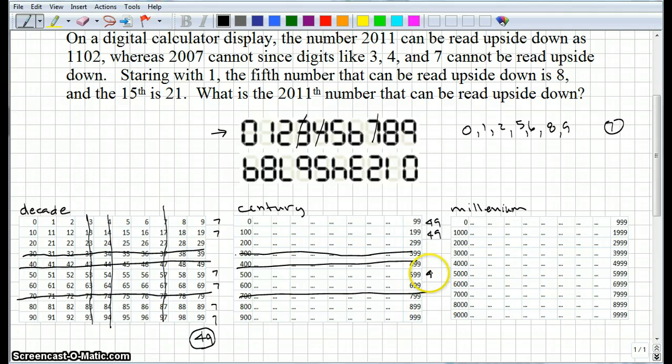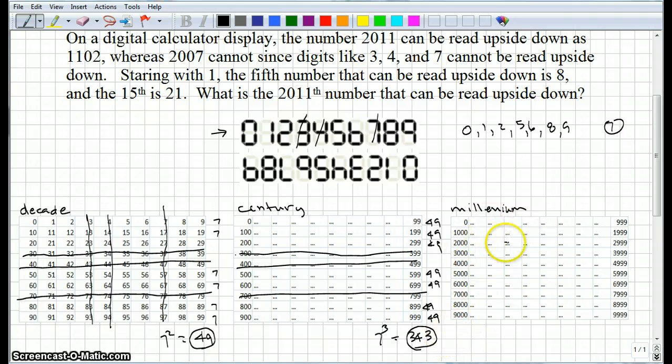So 49 times 7 ends up being 343. This is essentially 7 cubed, and this is 7 squared. So we have 343 numbers per century that can be read upside down.